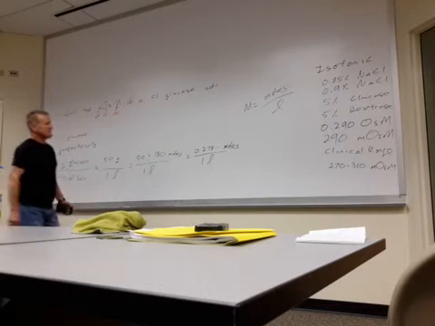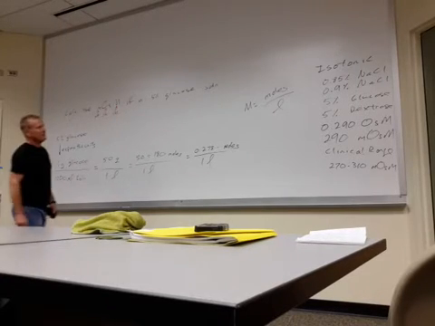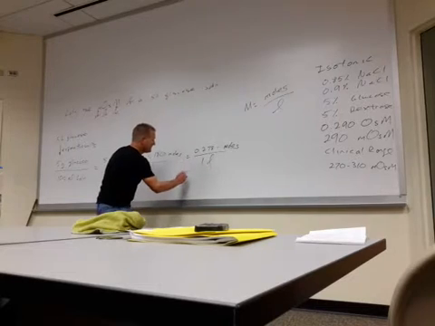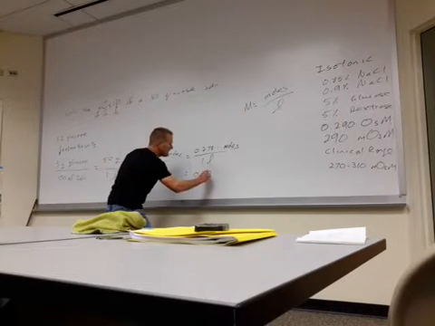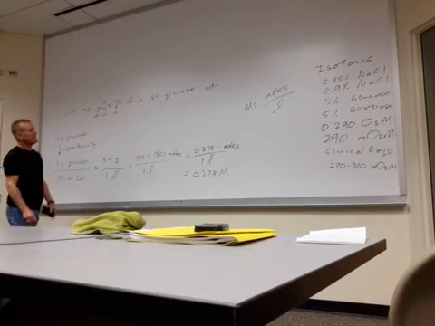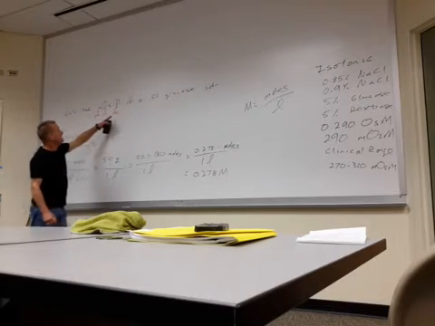That's 0.278 and change moles per liter. Moles per liter. That's what I want, isn't it? So it's 0.278 molarity. It's glucose. I've got my molarity.